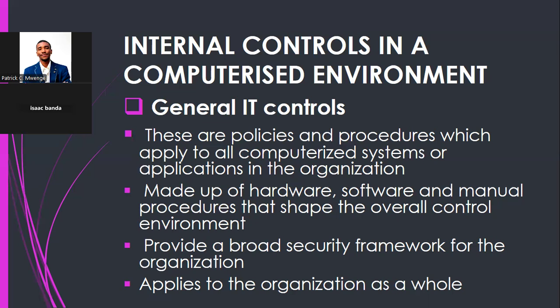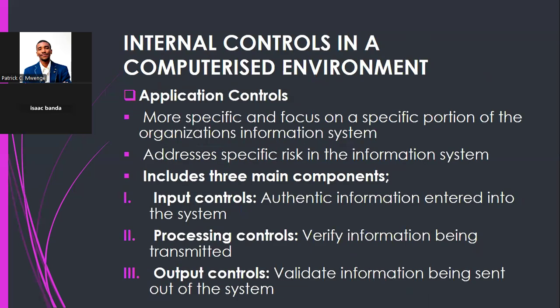Those are general IT controls. They apply to the whole organization, and they are made up of hardware, software, as well as manual procedures. Then application controls are more specific and focus on a specific portion of the organization's information system.